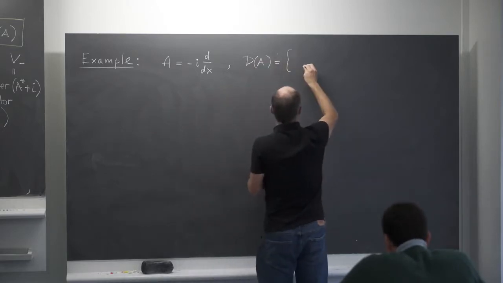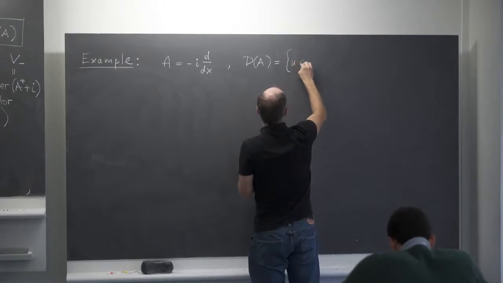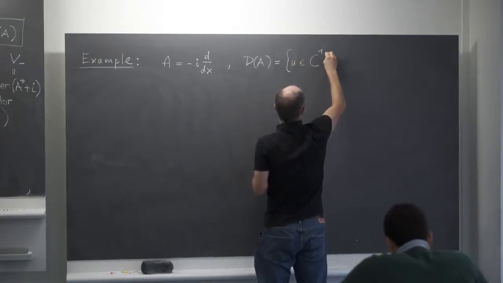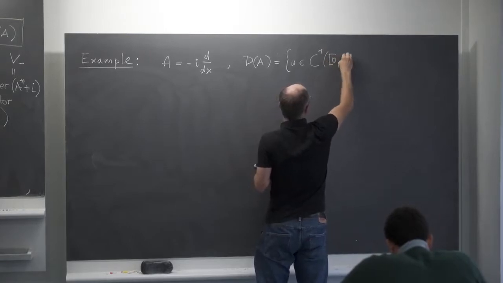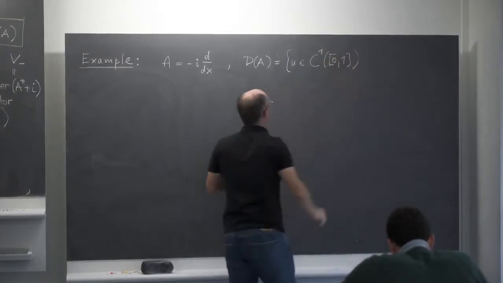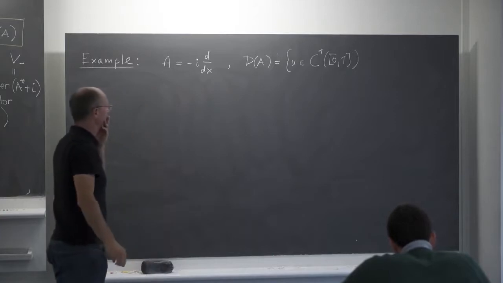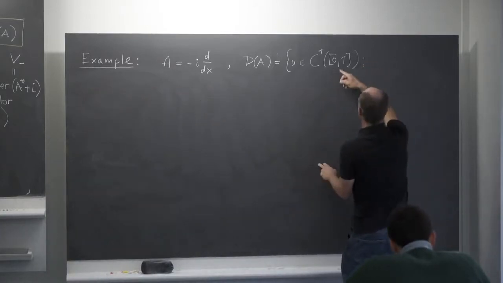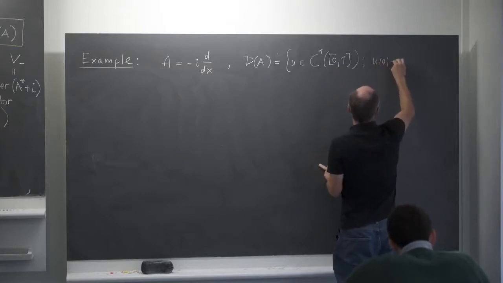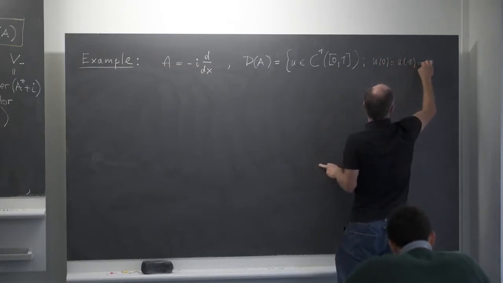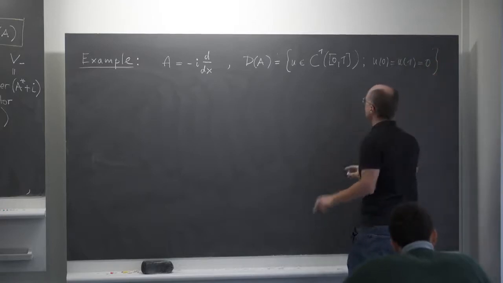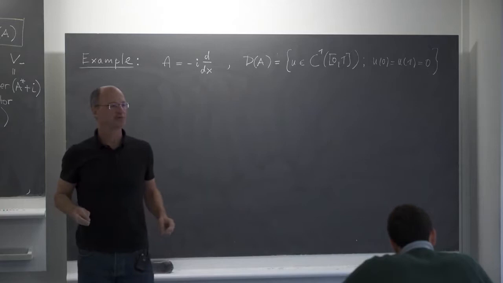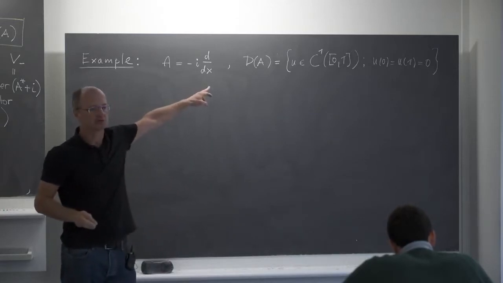Let me choose the domain that we were already considering last time. So I take u to be continuously differentiable functions on [0, 1], and I impose those unreasonable boundary conditions, right?